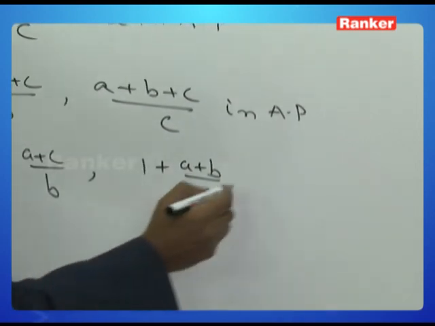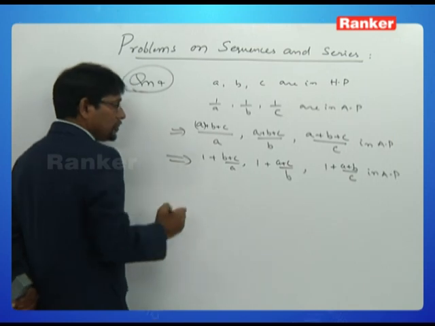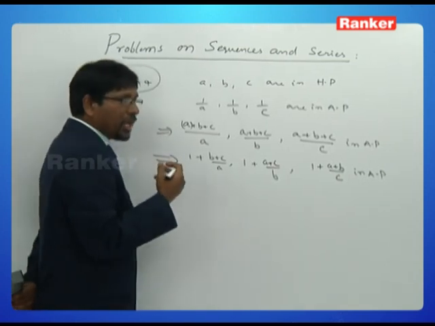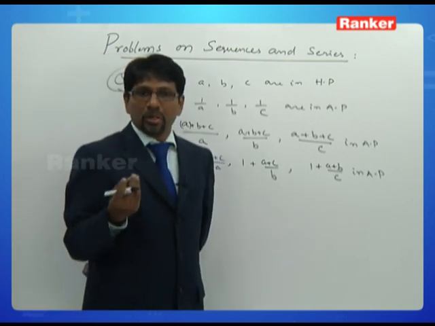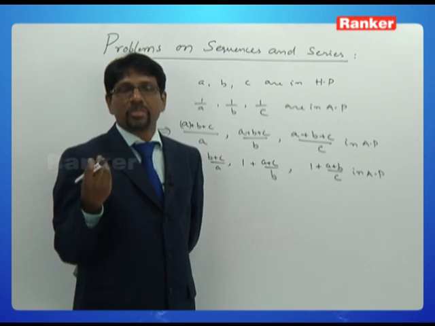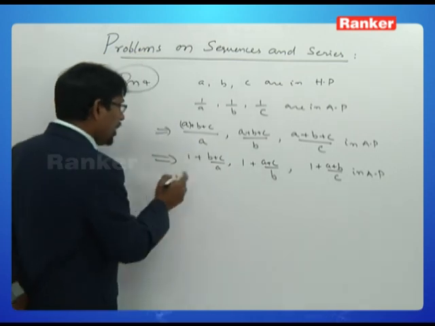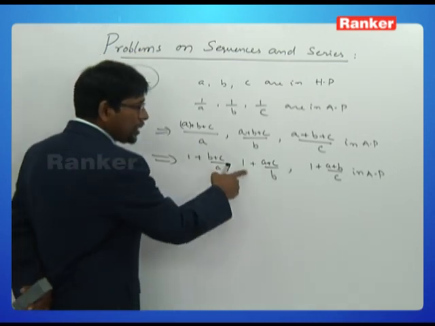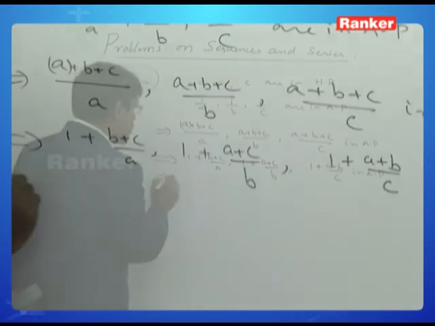I can rewrite it. These three terms are in AP. When you subtract or add a constant to every term of a sequence which is in AP, the resulting sequence will also be in AP. So here I'll subtract 1 from each of them, since every term has a 1 added. So what do we get?